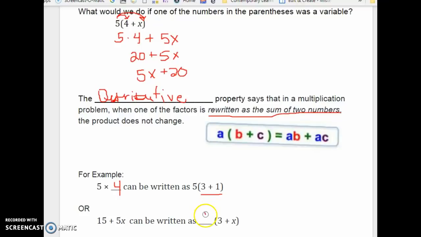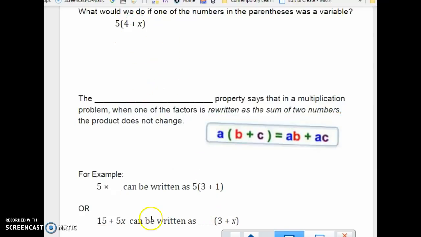So I can pull the 5 out. Let me just check my work here. What's 5 times 3? Well, that's 15. That's right here. What's 5 times x? Well, that's 5x. That's right here. So that does work. That's the way to simplify this, and we're going to need to know that in the future. So make sure you have all these notes before I go to the next page.